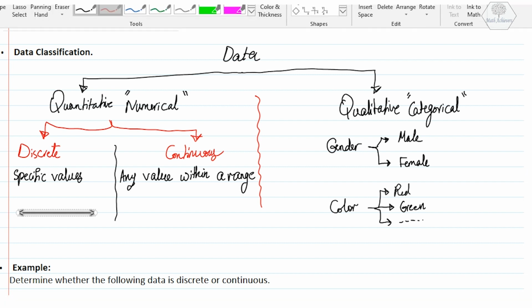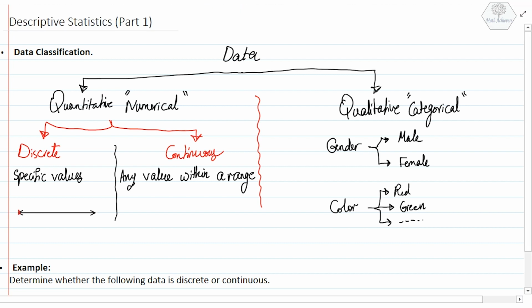If the bus arrives either at 3 p.m. or at exact 3:30 p.m. or at exact 4 p.m., then I can consider this data type to be discrete because it only takes specific values. It's either 3 or 3:30 p.m. or 4 p.m.